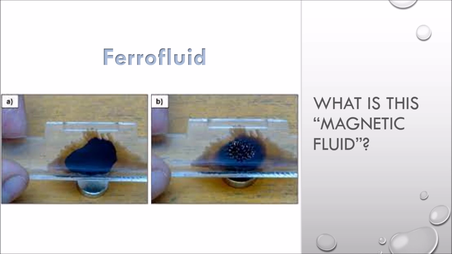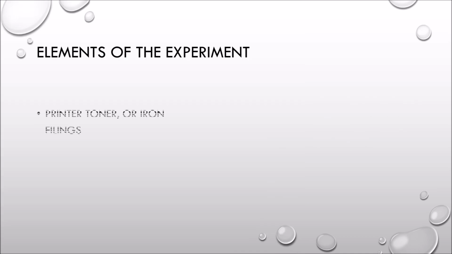What happens in the fluid is the spikes are observed and arise from the tendency of the particles to line up along the magnetic field lines to lower their energy. The surface tension of the fluid, however, limits the extent to which the particles can align themselves with the field.